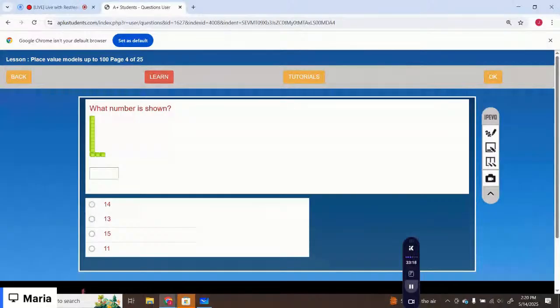So together we make 13. 1 ten and 3 ones together make 13. Option number two is the correct option.